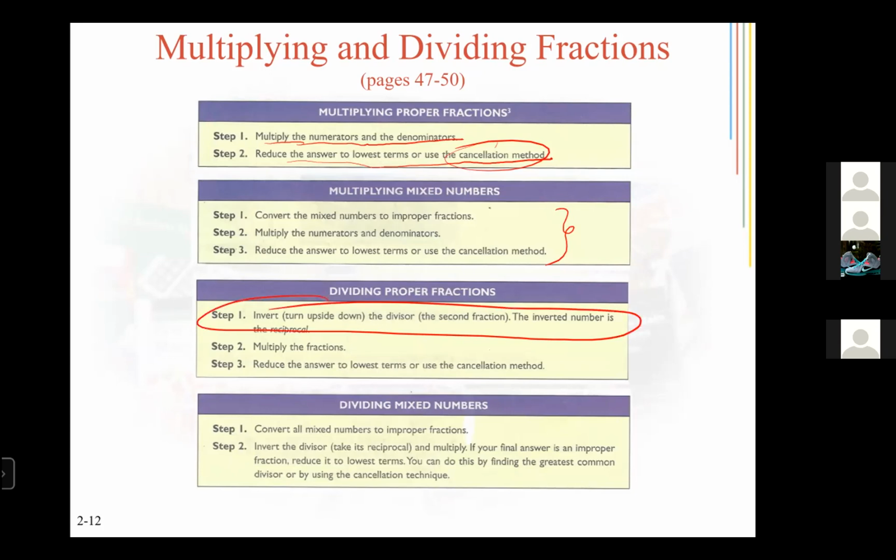Which one is the divisor? If we divide two fractions, one of the fractions is your divisor. The first one or the second one? The second one. That's the one you're dividing by, so that's the one you're going to invert.